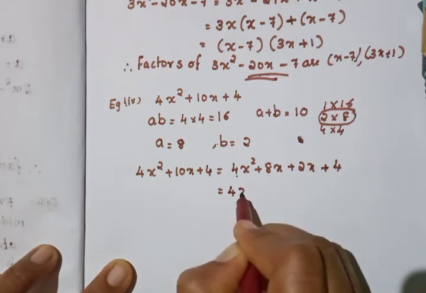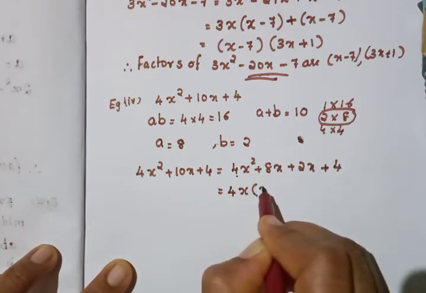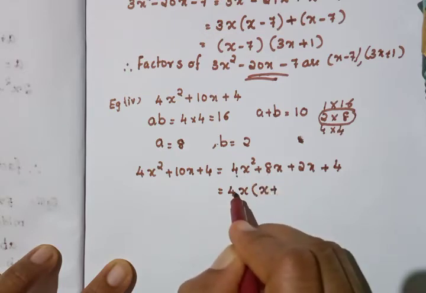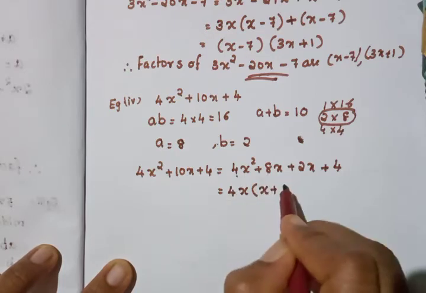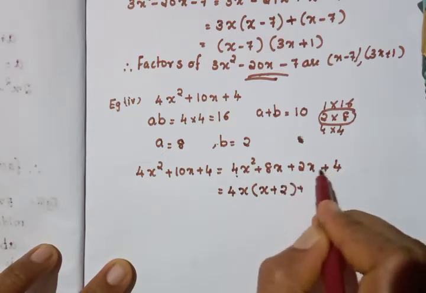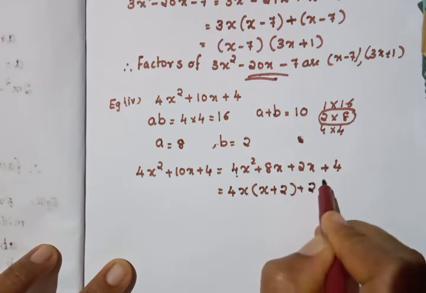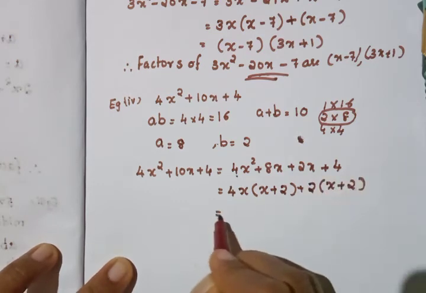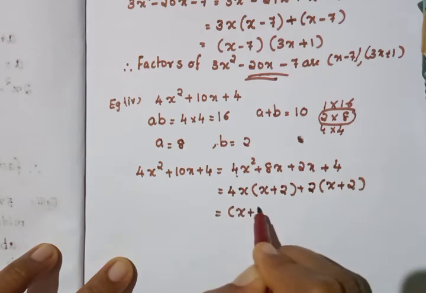Okay. Now I am taking 4 outside from first and second term. Then x also. So what is remaining here? x here, plus from 8, if you take 4 outside, 2 will be remaining. See this. Is there any common factor? Yes, 2. Now what do we get? x plus 2. See, x plus 2 is a factor.